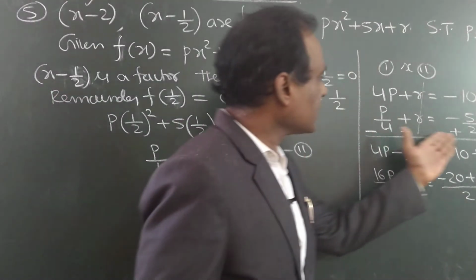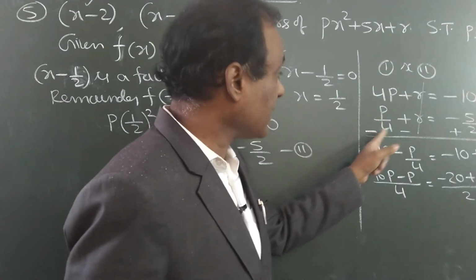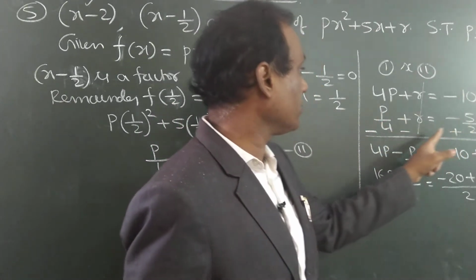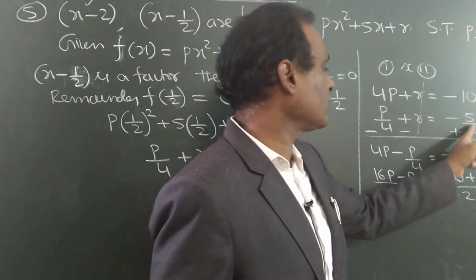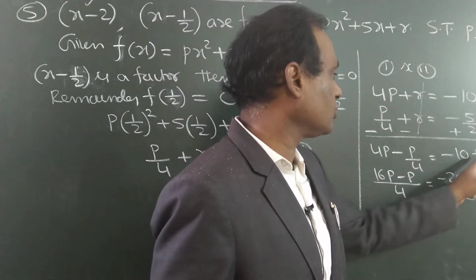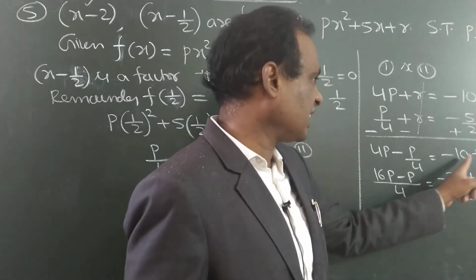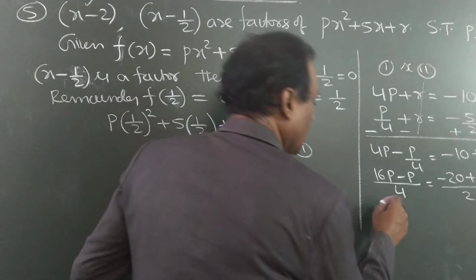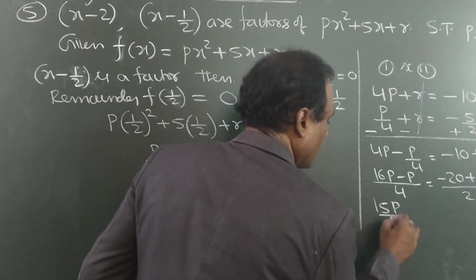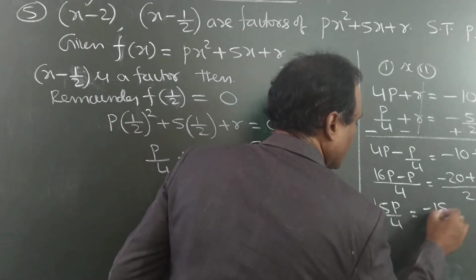Simply I am subtracting the second equation. Plus or minus are cancelled. 4p minus p by 4 is minus 10 plus 5 by 2. 2 tens are 20, 20 minus 5. This is 16p minus p, so 15p by 4 is equal to minus 15 by 2.